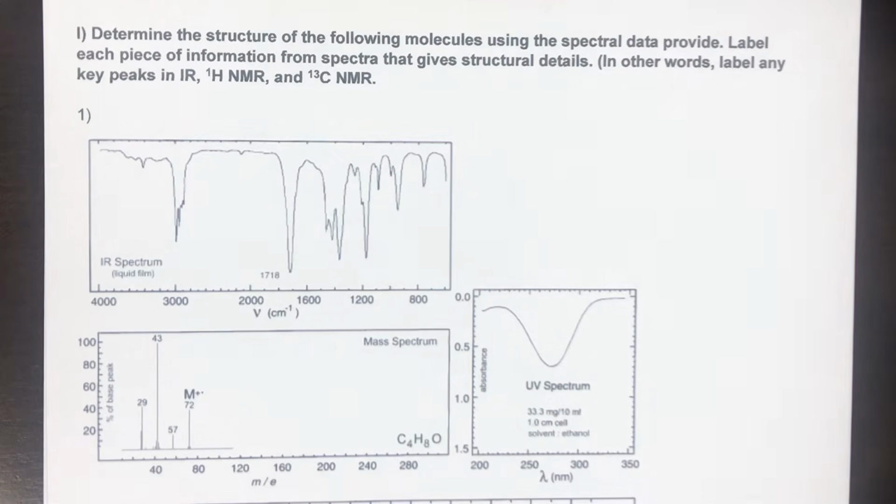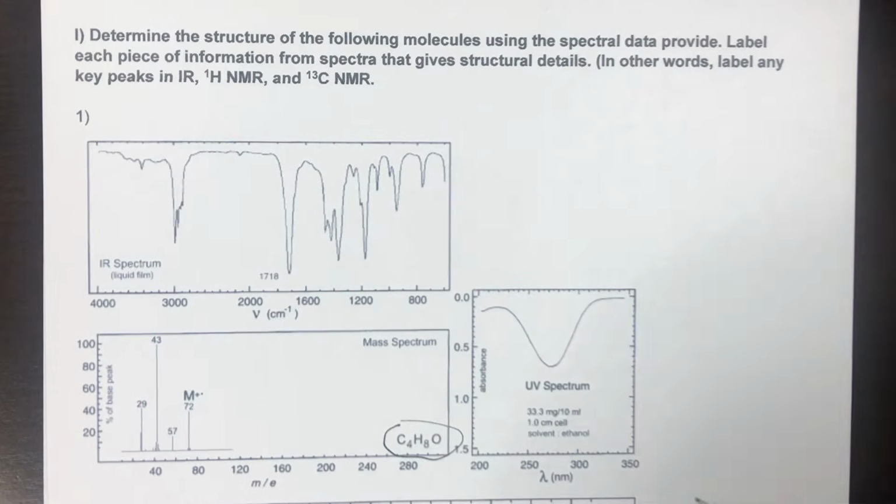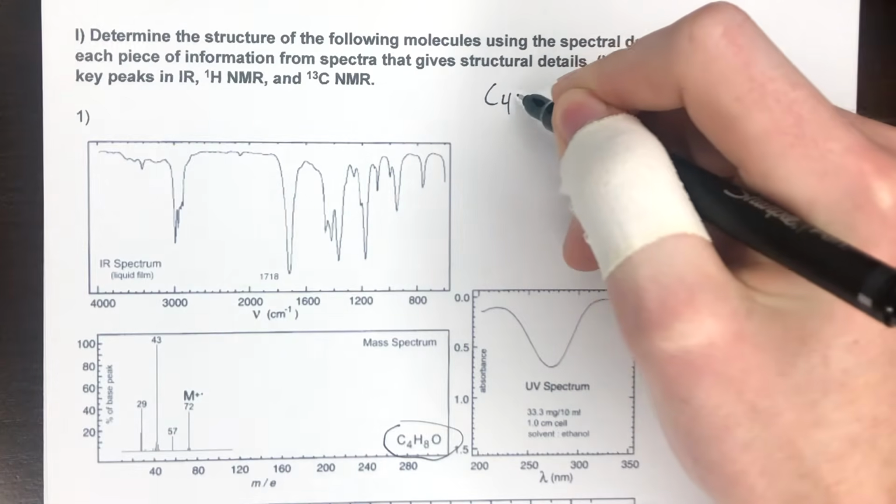So with that, let's jump right into it. The first thing that you should look at is the mass spec, which tells you the molecular formula, which in this case is C4H8O.